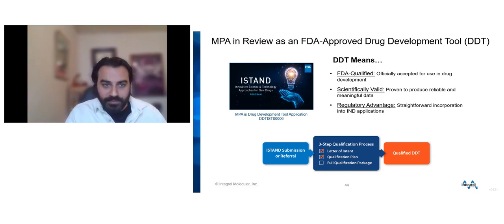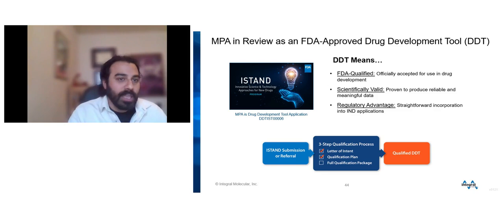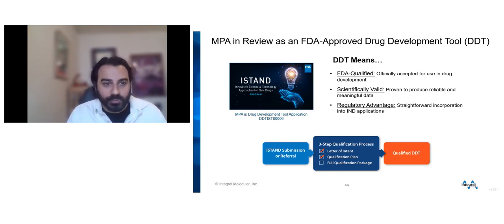And speaking of the FDA, we are midway through the FDA's iStand program, which was created to validate new technologies like the MPA as a qualified drug development tool, or DDT. MPA data has already been routinely used in IND submissions. However, with this new qualification, the FDA will have a full understanding of our technology, its context of use, limitations, our quality control and record tracing, thereby, I would say, taking the pressure off of our customers to really explain those aspects of our platform in their submissions.